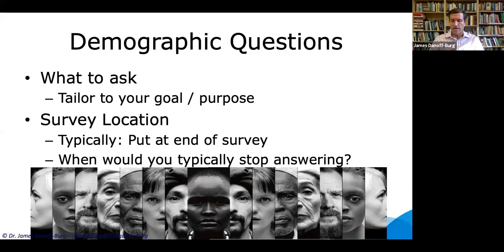So think about that. What I'd like you to do now is, for your research question, we want to try to reduce the number of questions across the board, right? But for right now, let's ask all of the demographic questions that might be useful for the research question that you have. How old are they? Where are they from? Where do they live now?